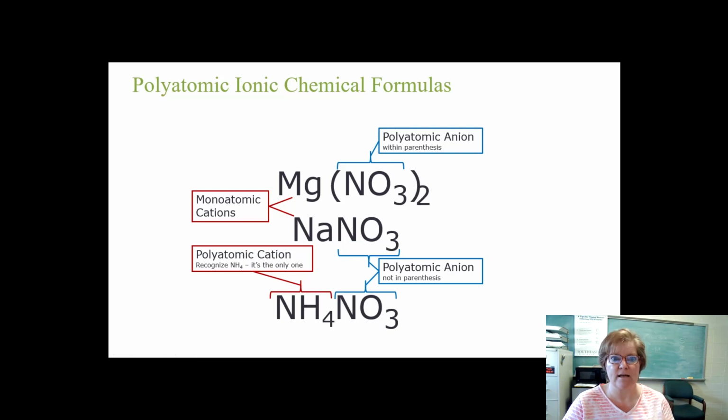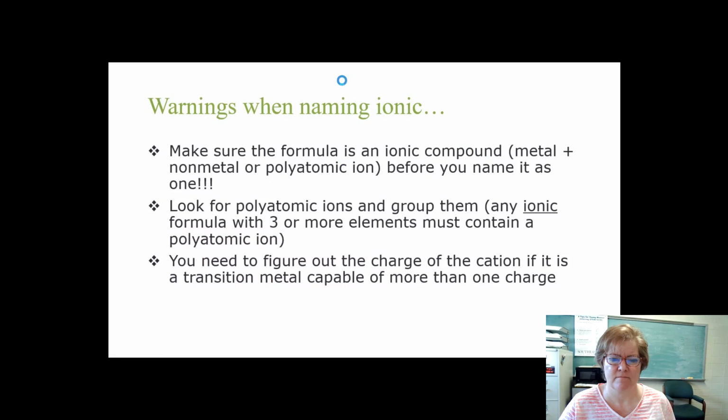You should recognize it because it does trick you. It doesn't look like a metal, but it's a polyatomic ion. So this is an ionic compound. Ammonium is that first one, and then I only need one of them, so no parentheses. Same thing with the nitrate, only need one of them. So these are what you might see for some of these polyatomic ionic chemicals.